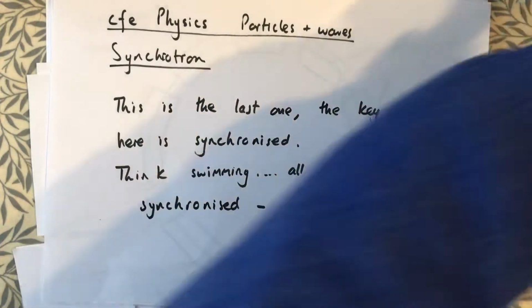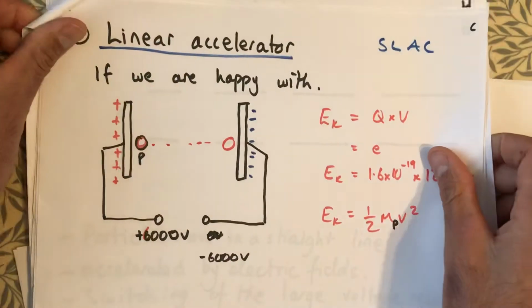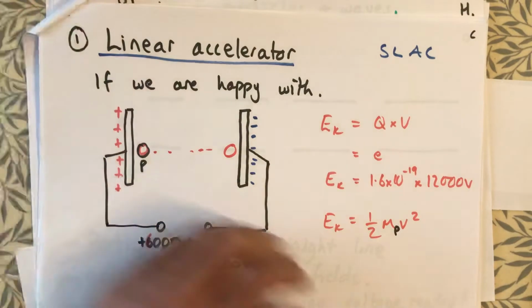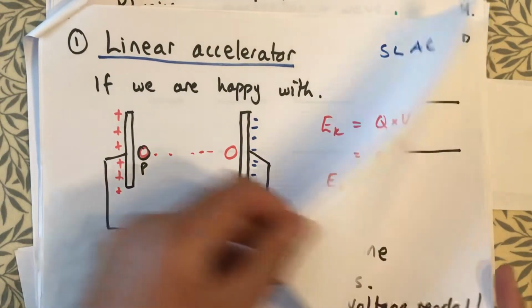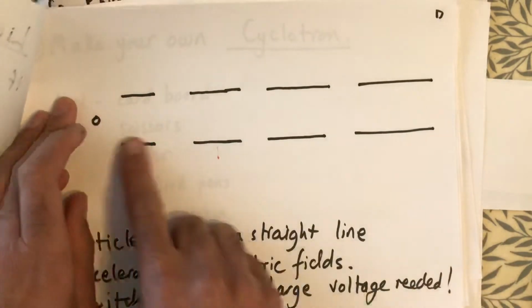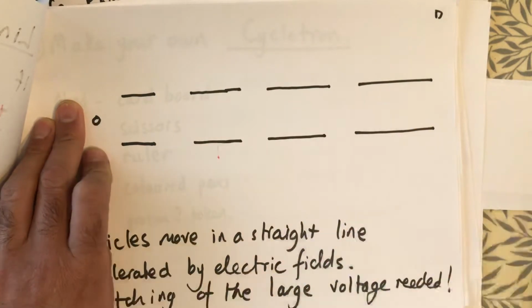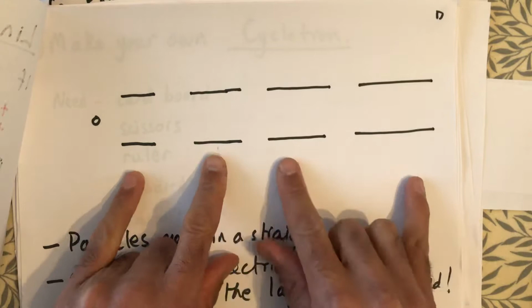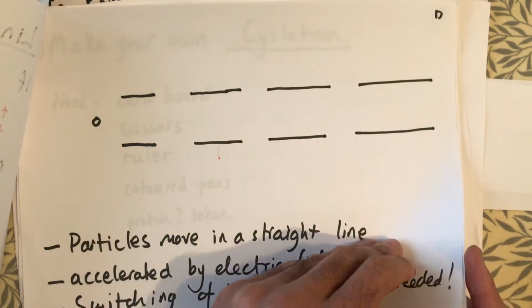Now, you've got to remember, we've got to go back to some aspects of the last video. If we've got a linear accelerator, we know we're just doing one acceleration, the timing's not an issue. We can fire something along, and if we get the voltages right on the cylinders, it will just fly along. We just have to get the charge on the cylinders organized.